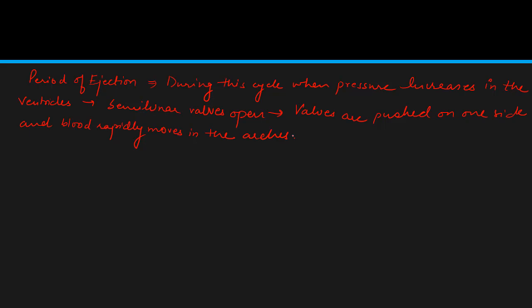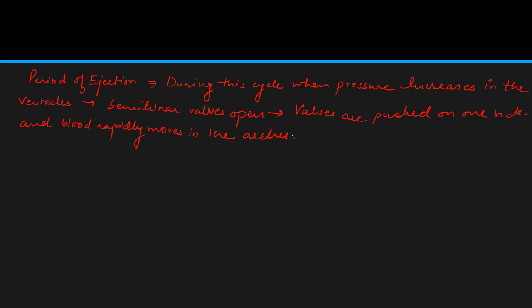As you know, during ventricular systole, the auricles receive blood from the veins. So this is the period of ejection.